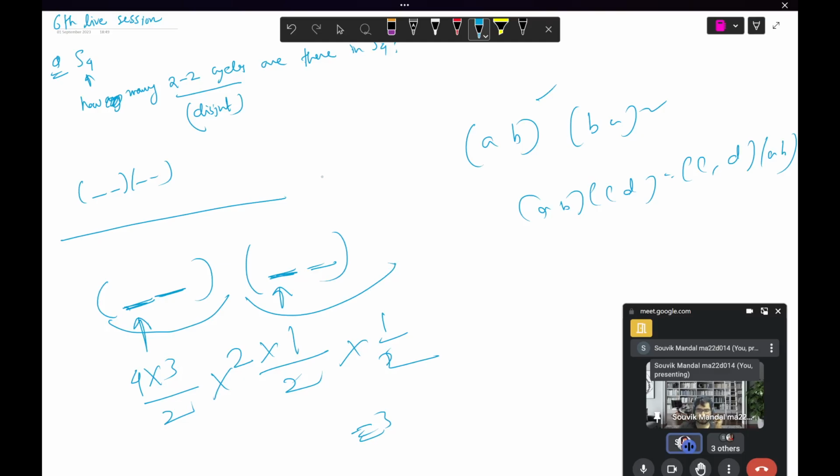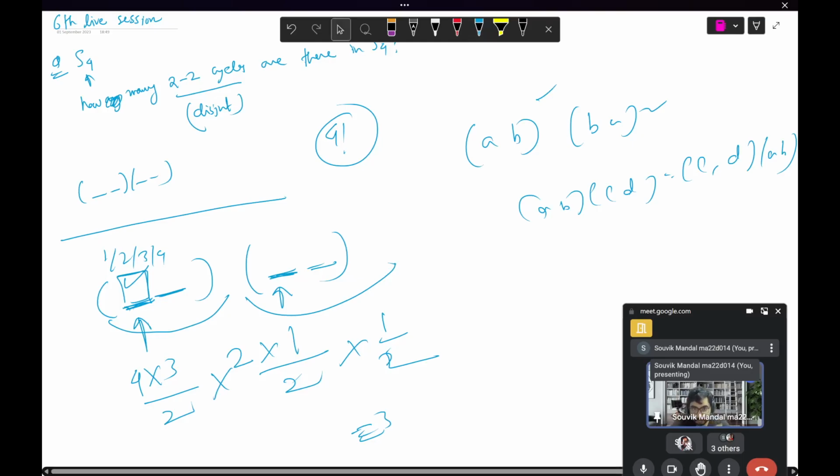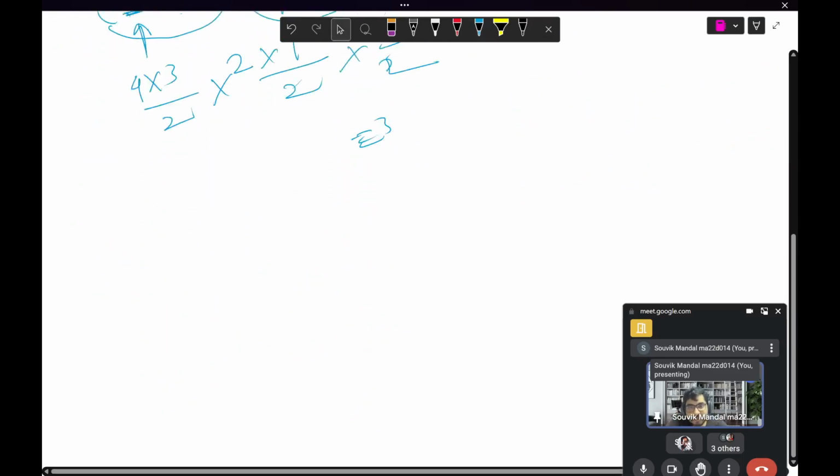But why four for the first choice? S4 has 4 factorial elements, and in each box the number will be either 1, 2, 3 or 4. Okay, sorry, I understand. So S4 has 2-2 cycles, and the number of them is 3.